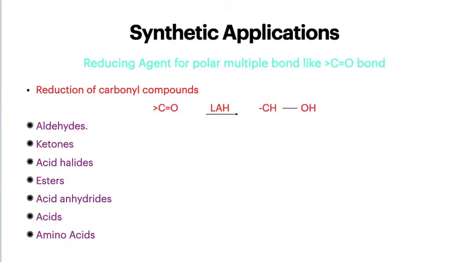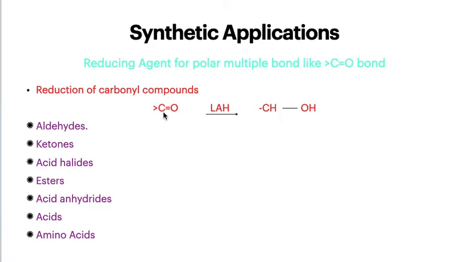Let us see the synthetic applications. Lithium aluminum hydride acts as the reducing agent for polar multiple bonds like the carbon-oxygen double bond, which is the carbonyl group. The carbonyl group on reduction with lithium aluminum hydride forms the alcohol.